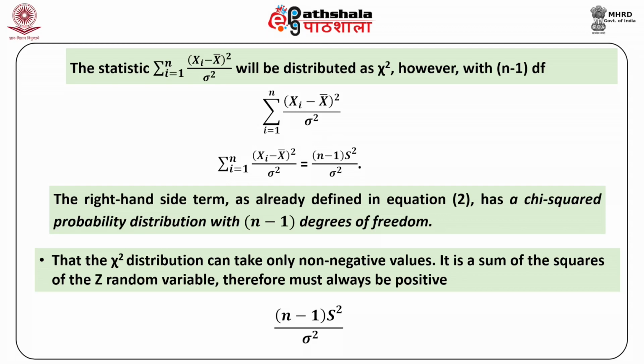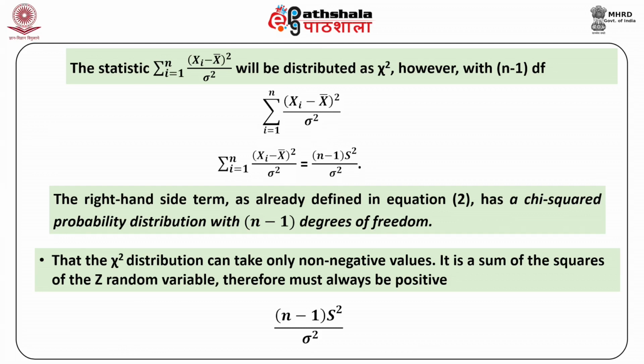The right-hand side term, therefore, as already defined in our equation 2, has a chi-squared probability distribution with n minus 1 degrees of freedom. So by construction, we see that the chi-square distribution can take only non-negative values, because it is a sum of the squares of the z random variables, and therefore must always be positive.